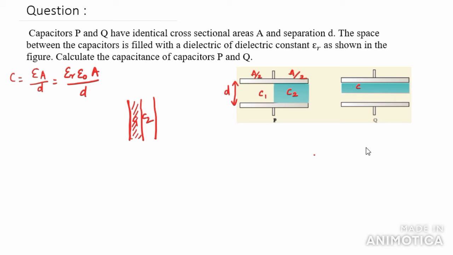Now the separation distance becomes D by 2 for each. Take one plate as positive, then the next has to be negative, and in between it has to be negative and positive. So this means C1 and C2 are in series.